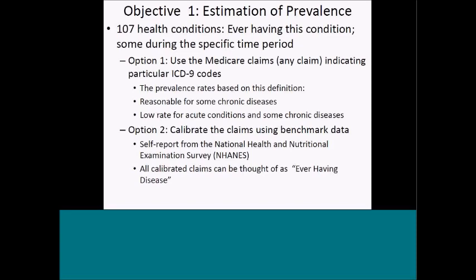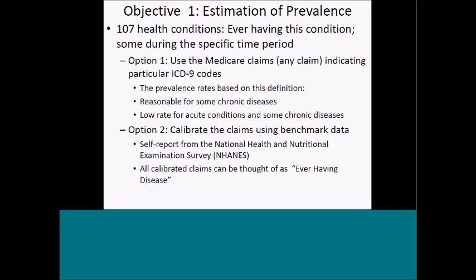I will show you some examples. If you look at AMI or hip fracture, those are very underestimated in the claims because they would have a claim only if that happened during that year. There's a low rate for acute conditions.